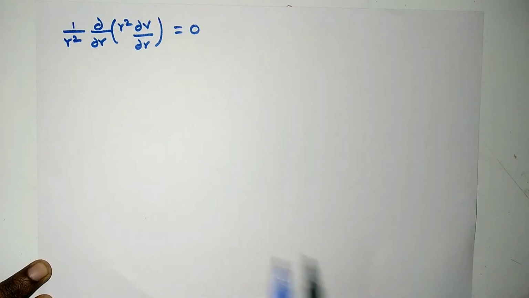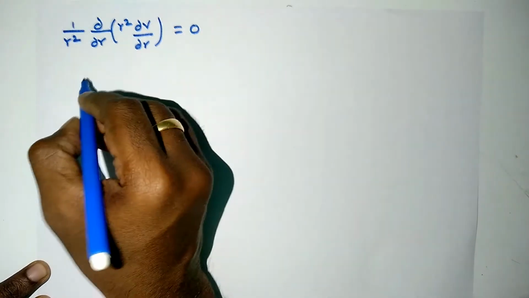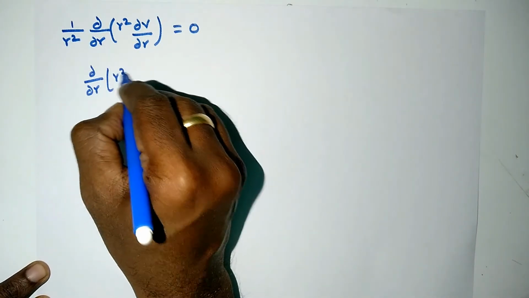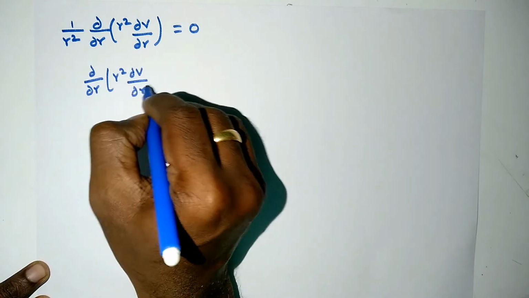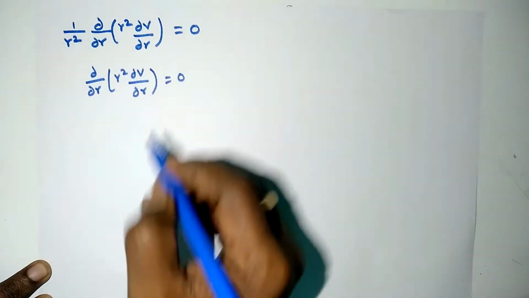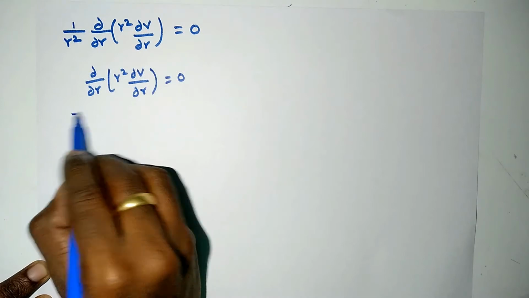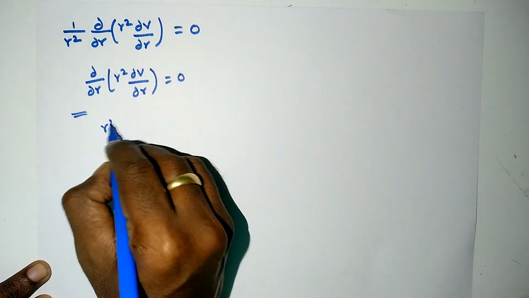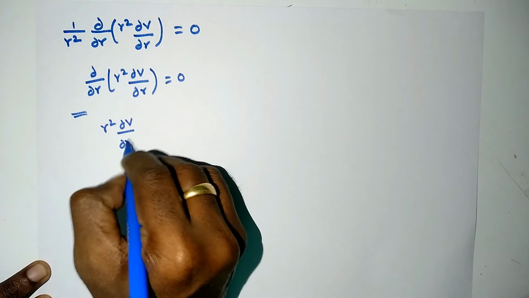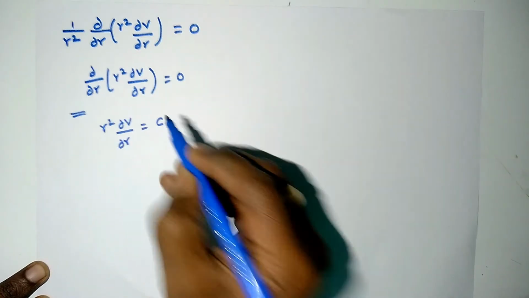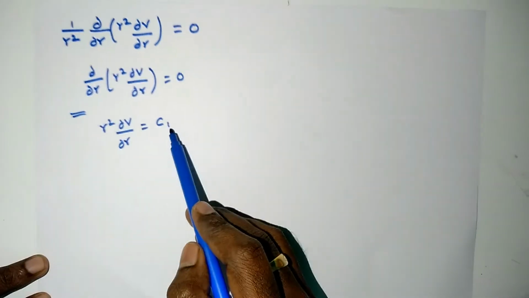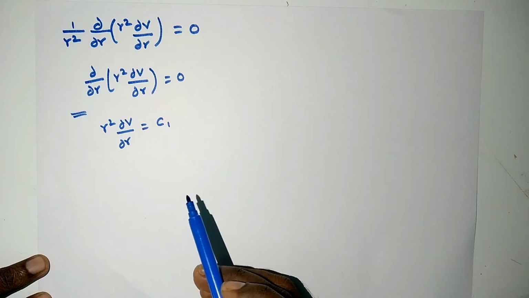Now by taking this 1 by r square to the right hand side, we can write dou by dou r into r square dou v by dou r is equal to 0. Now integrating this step, we will get r square dou v by dou r is equal to C1, because integration of 0 is a constant C1.